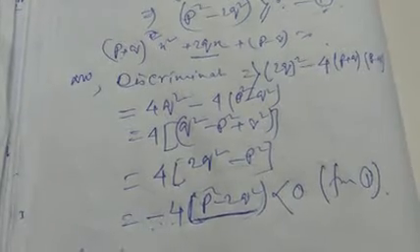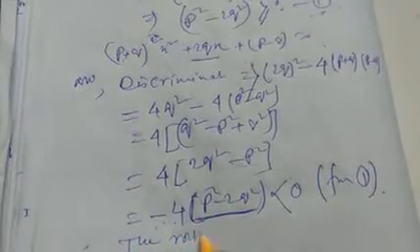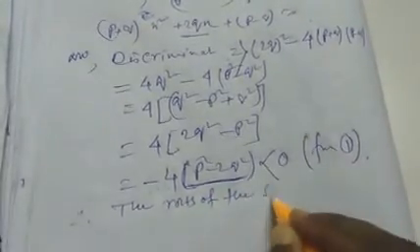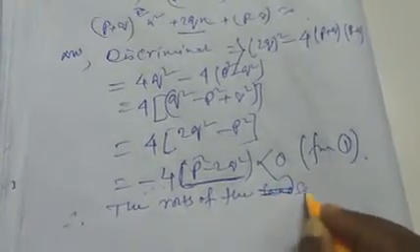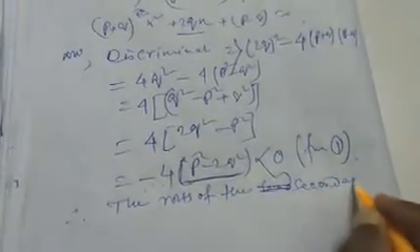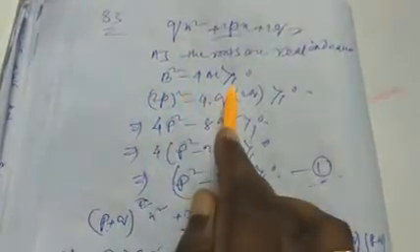So the roots of the second equation are complex. Again, see, you have given the equation whose roots are real and equal, and that is the condition number 1. Now we have to show that for the second equation the roots are complex.